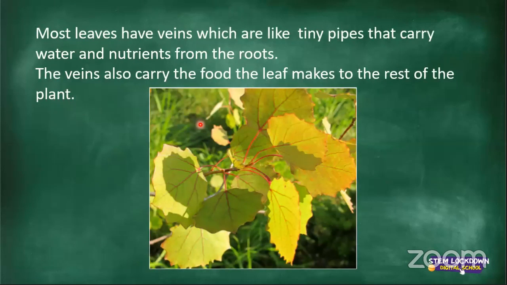Most leaves have veins, and you can see this very clearly in the picture. They are like tiny pipes that carry water and nutrients from the roots. Remember when we started speaking, we said it's from the roots, then there's a stem and then the leaves, right? So these veins carry the water and the nutrients into the leaf.